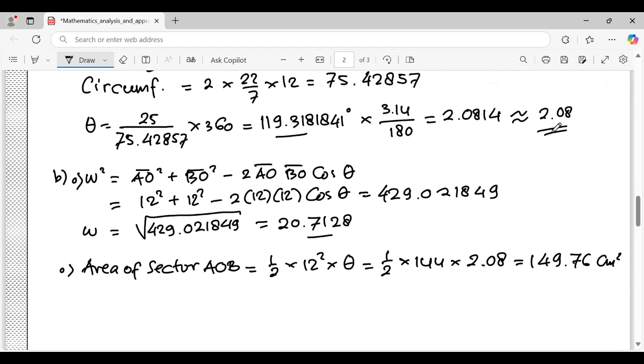Therefore, we use this number, the conversion to radians, not the degrees one.